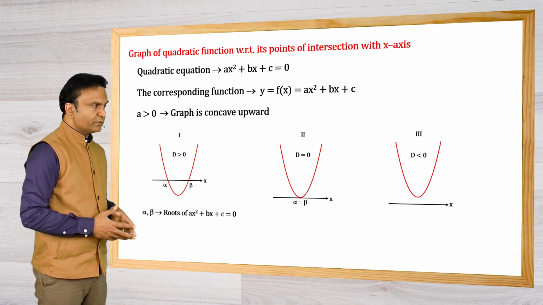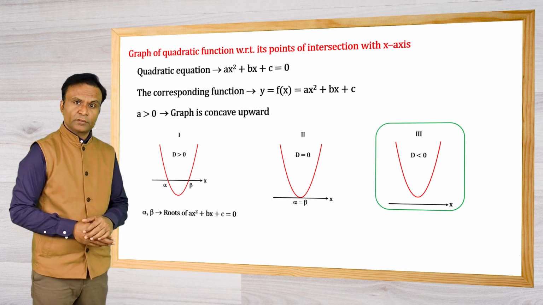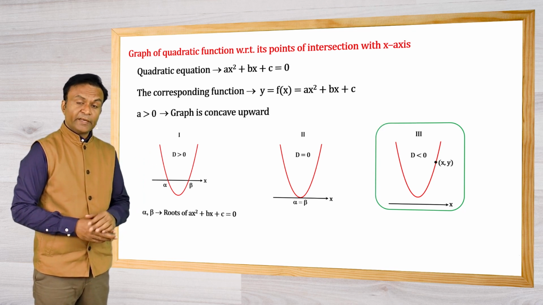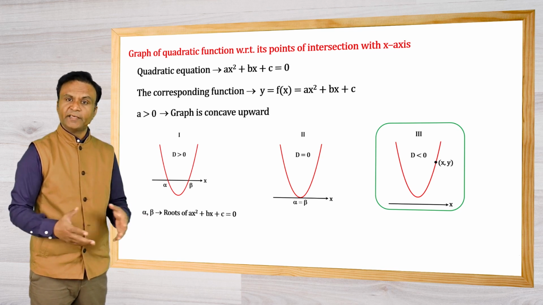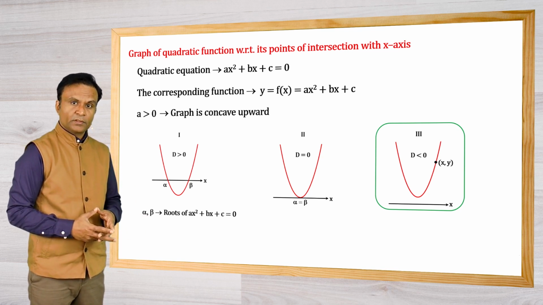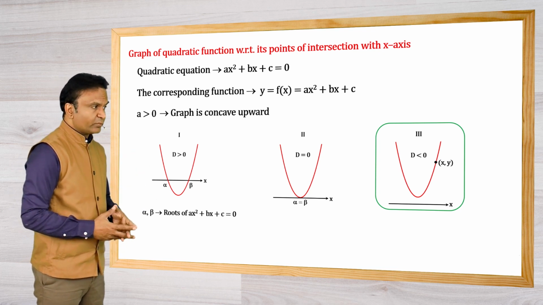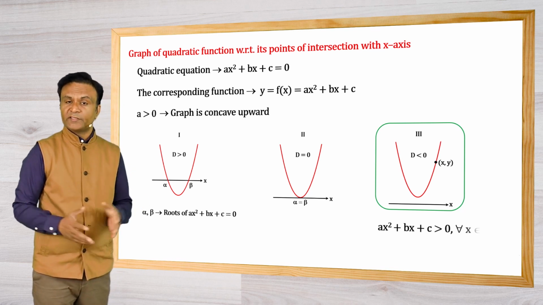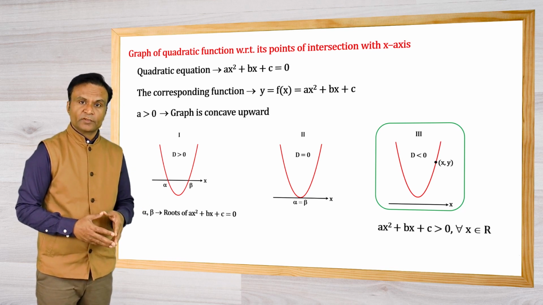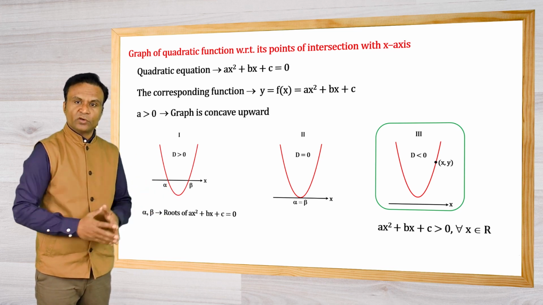Now in this graph, if you take any point on the graph, the ordinate of that point is positive. That means y is always positive. That means ax² + bx + c > 0 for all x belongs to R. If you take any value of x, this quadratic function is always positive.